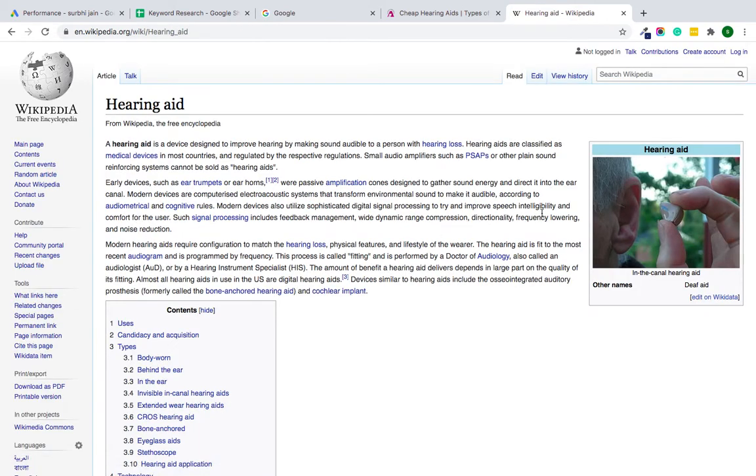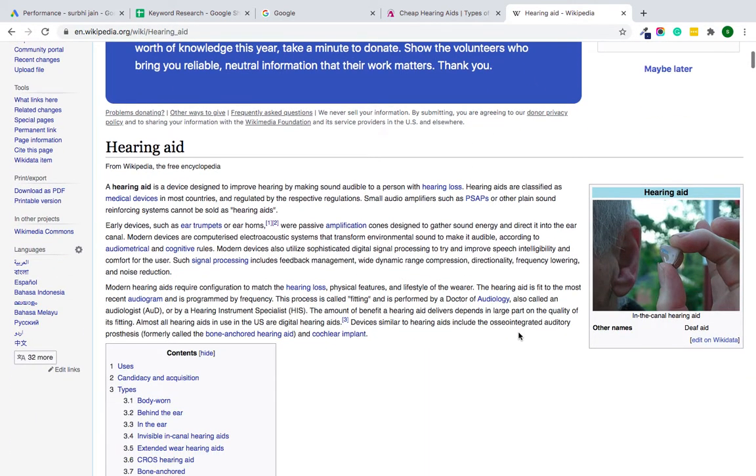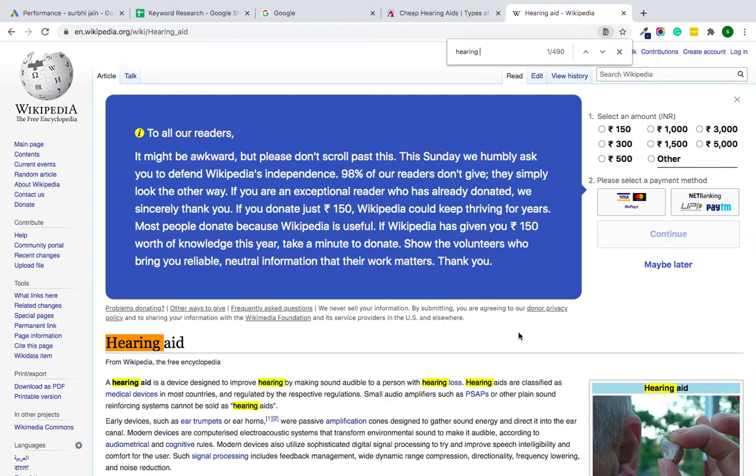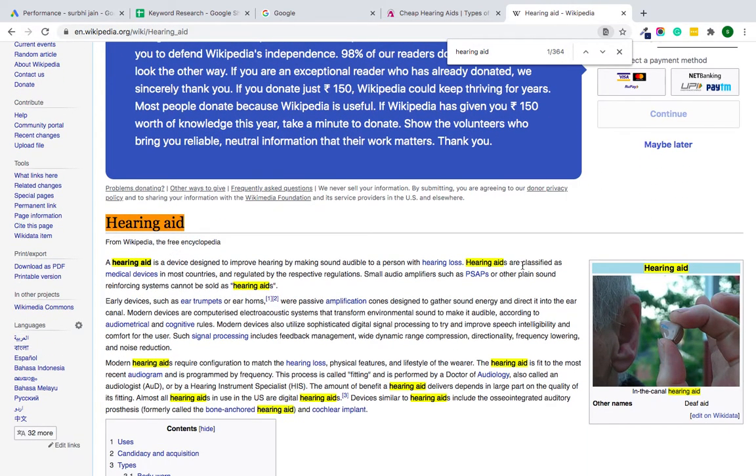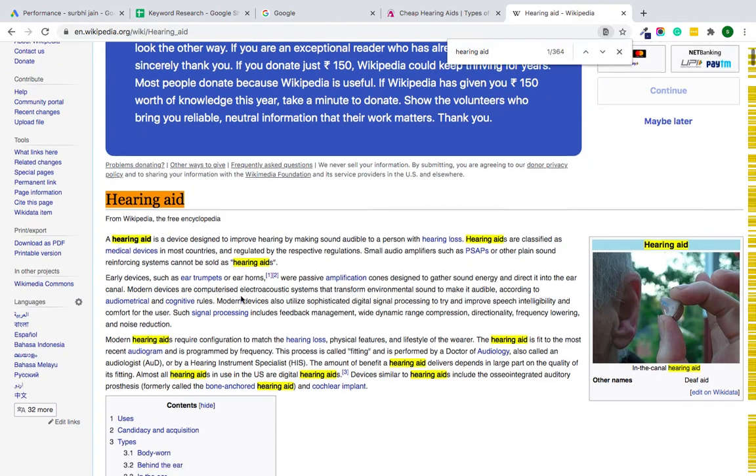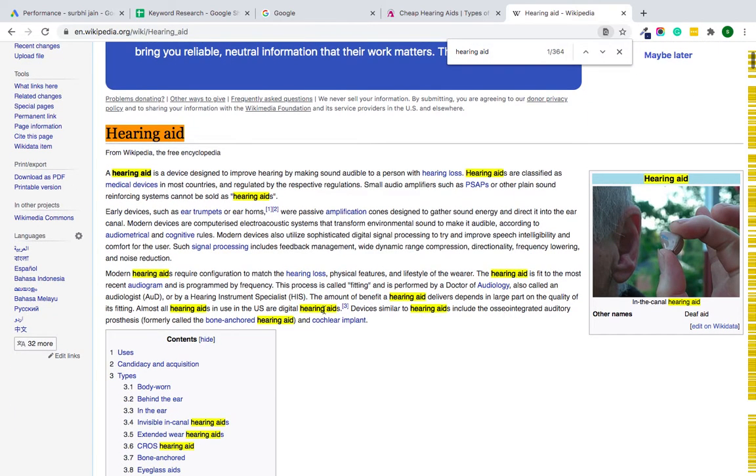If you see here, when I write hearing aid, I'm pressing Command F on Mac or Control F on Windows, and I'm putting here hearing aid. Wherever hearing aid appears, it'll show me. Now I can read those sentences, and if I find that this is a good keyword for me, I'll take it. If you see modern hearing aids, this is a good keyword.